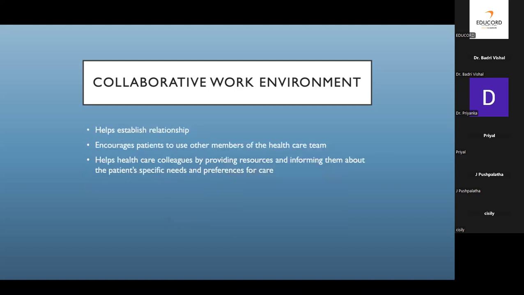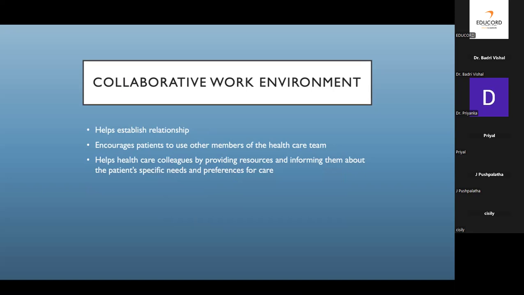Okay, so it helps to establish a relationship, it encourages the patient to use other members of the healthcare team, helps the healthcare colleagues by providing extra resource and informing them about the patient's specific need and preference for care. So if you are always talking to your fellow healthcare personnel, it will be easier for you to manage the patients.